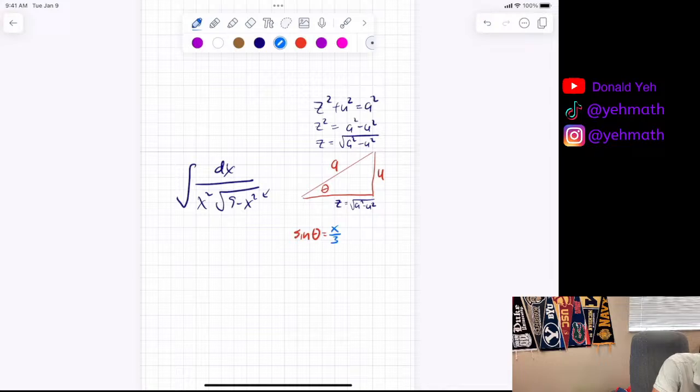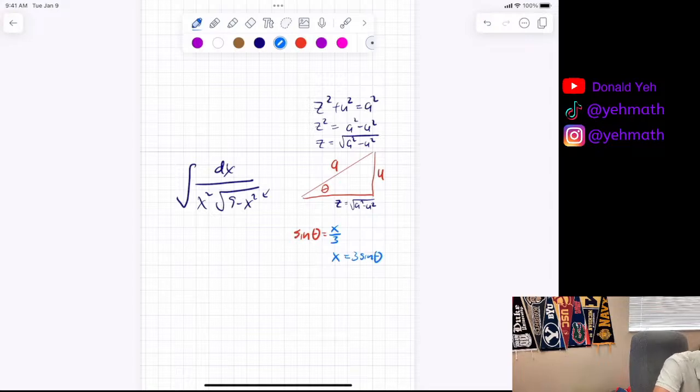Does that make sense? X over 3? How do you know it's sine? Think of it like this: is it because of arcsine? Can I solve for x? X equals what? Good. So the rest of them is cake. Now what do I have to do?